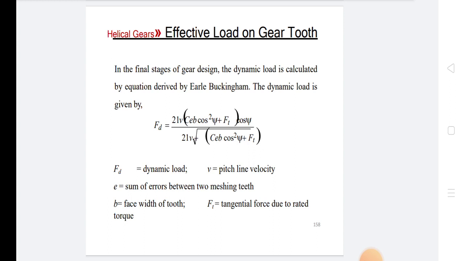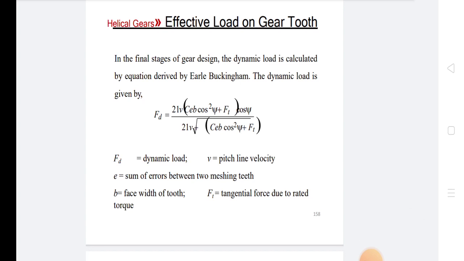The dynamic load is given by Fd is equal to [21V (C e b cos square psi plus Ft) cos psi] upon [21V plus root of (C e b cos square psi plus Ft)], where Fd is the dynamic load, V is the pitch line velocity, e is the sum of errors between two meshing teeth, b is the face width of tooth, Ft is the tangential force due to rated torque.